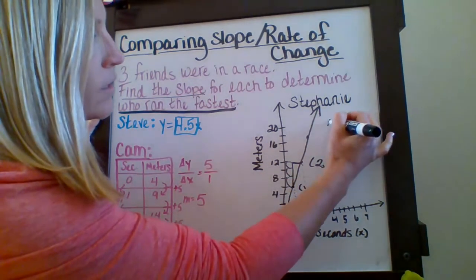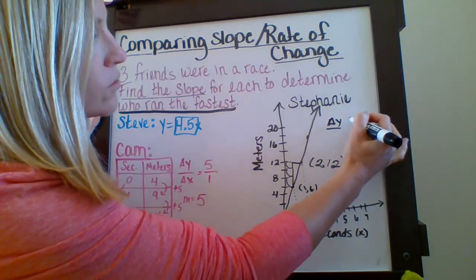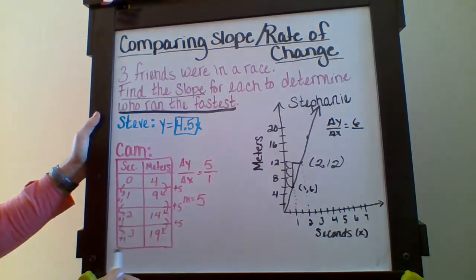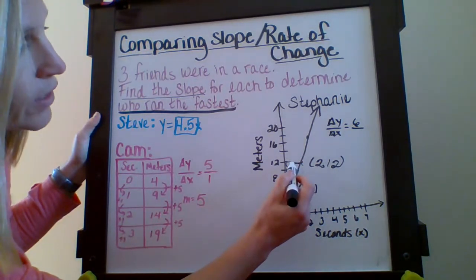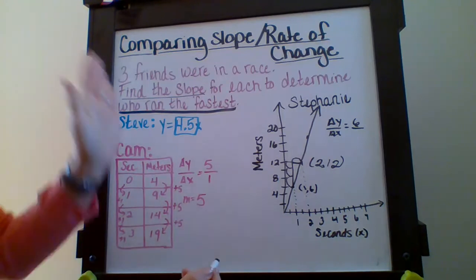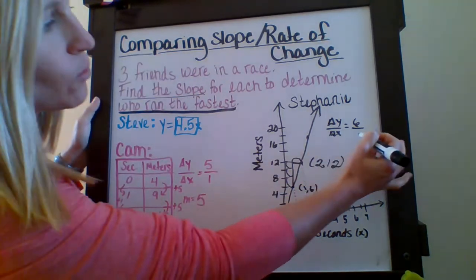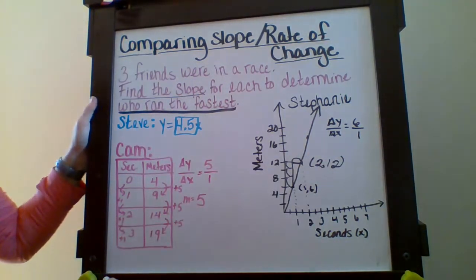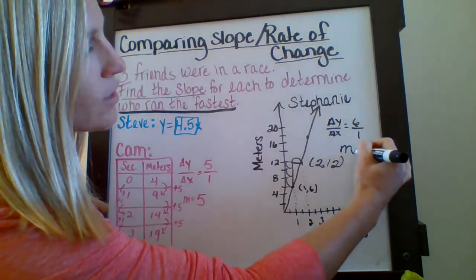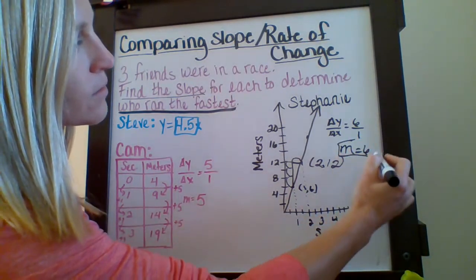So my change in y, I went up 6. Now my x values, this is 1, and I jumped over to 2. So my change in x was just 1. That can be simplified to say that my slope for Stephanie is a 6.